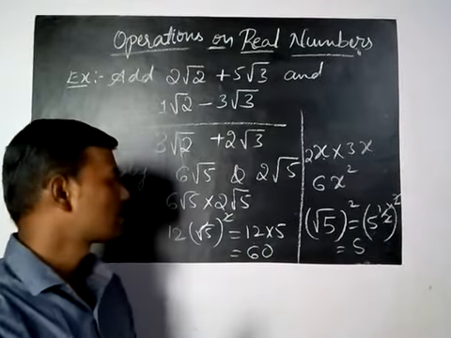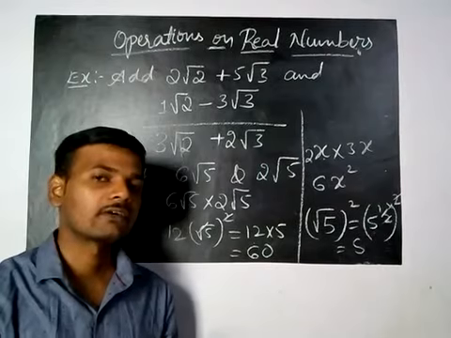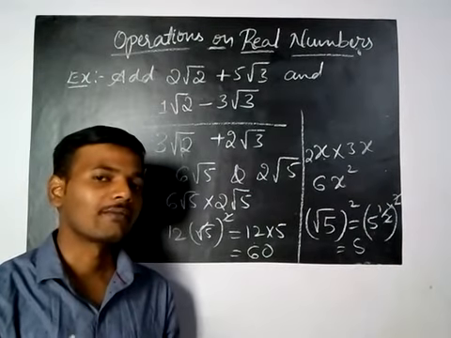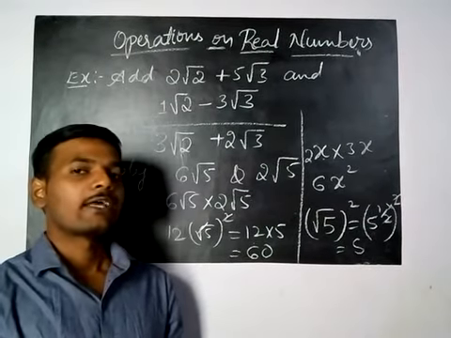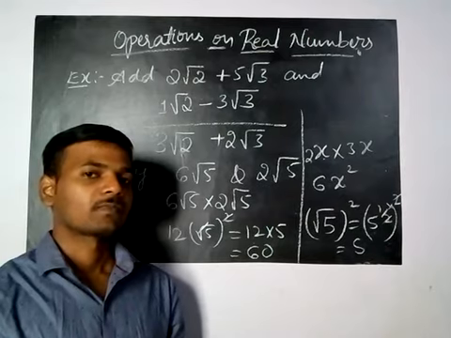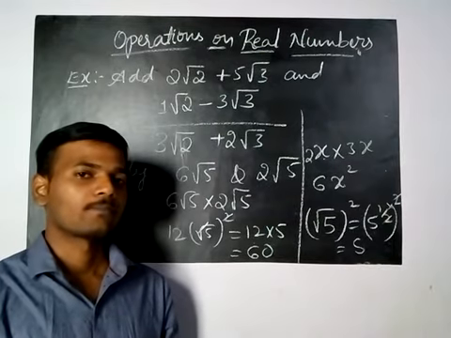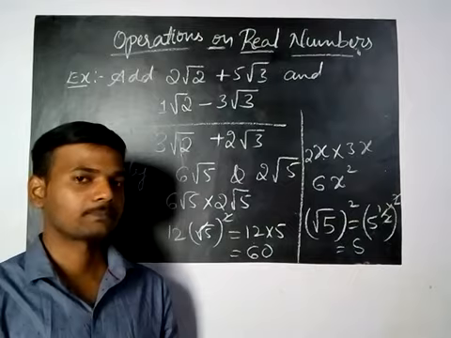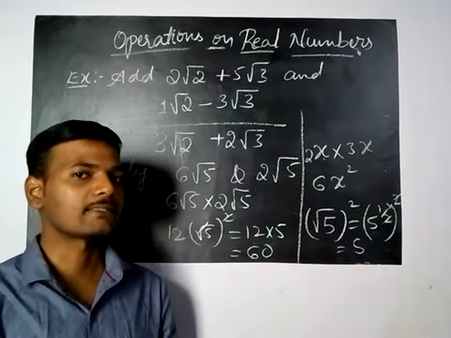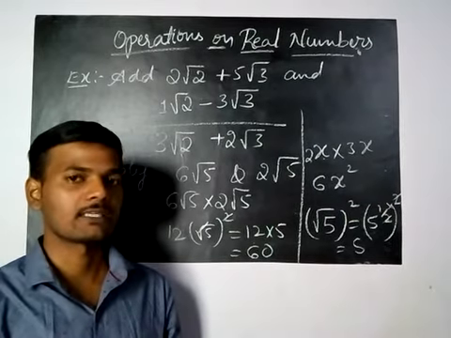Whenever questions like these arise, remember that the square of the square root of a number is cancelled. Square and root are cancelled and the number is left as it is.